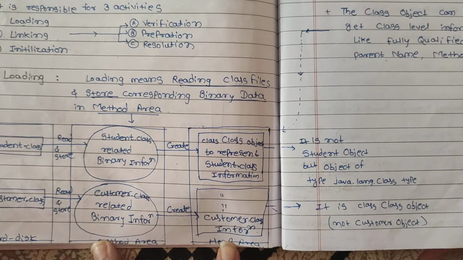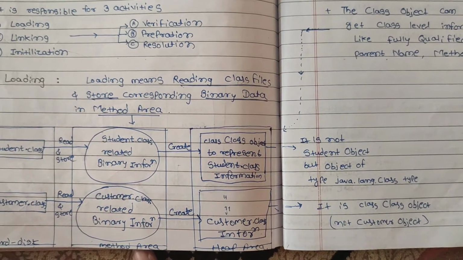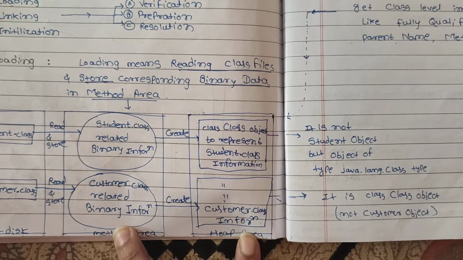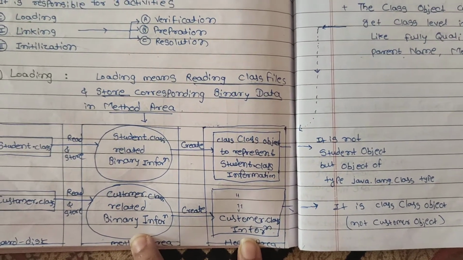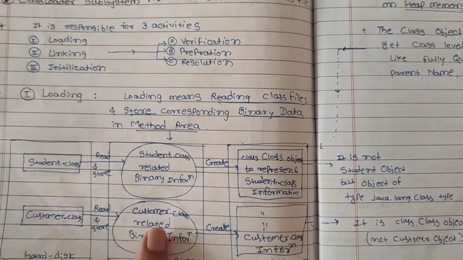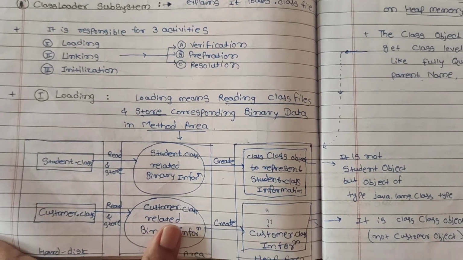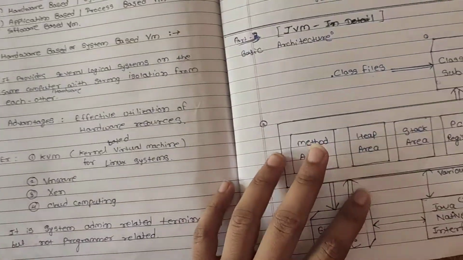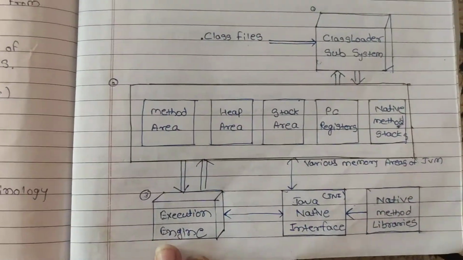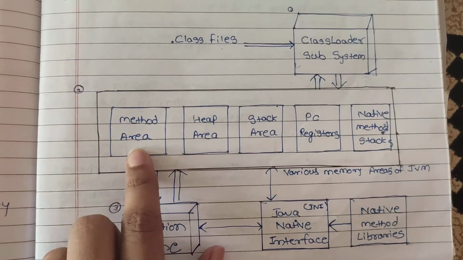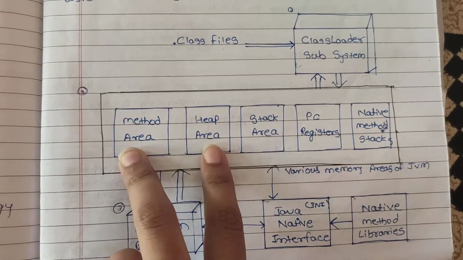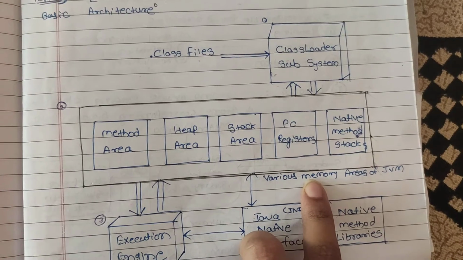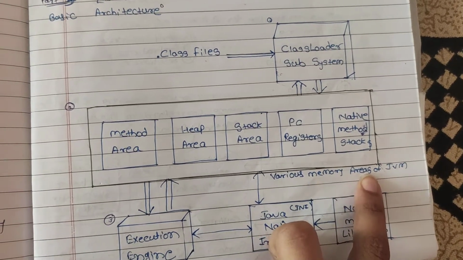These two areas, the method area and the heap area, are both present in the JVM memory area. So I will take you to one of the topics of the previous session, and as you can see, the method area and the heap area, these two areas are present in the memory areas of JVM.